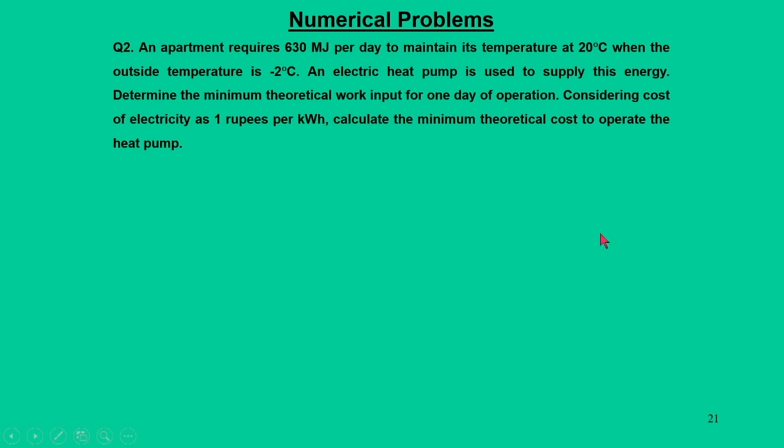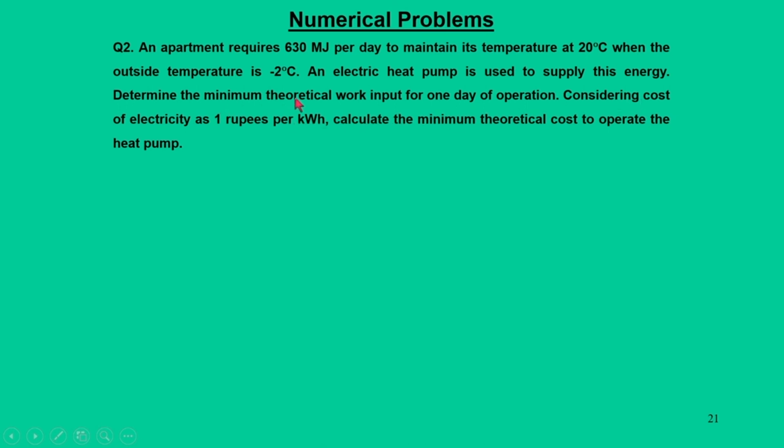Now, another problem is based on the heat pump cycle. So, here we have an apartment which requires 630 megajoule per day to maintain its temperature at 20 degrees centigrade, when the outside temperature is minus 2 degrees centigrade. It requires an electric heat pump to supply this energy.